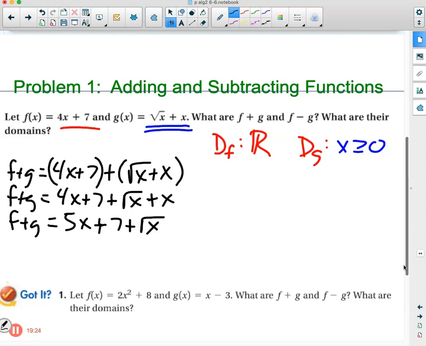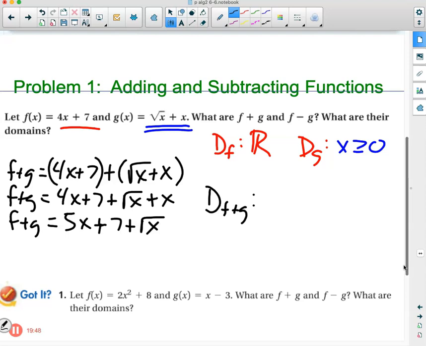So now I look at this and I think about the domains, because what they want me to do is tell them what's the domain of f plus g. In order to use f plus g, I can only use numbers that are in both of these. So this one was wide open. Said use whatever numbers you want to, but not this one.